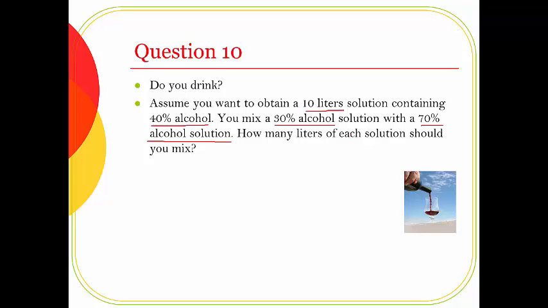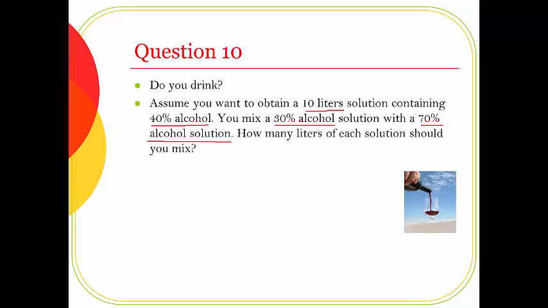When you want to dilute a strong alcohol solution, like a liquor or rum, what do you put? You put water, because water is 0% alcohol. So to dilute a strong solution, you add a weak solution to it. Say you test wine and see a 70% alcohol solution.